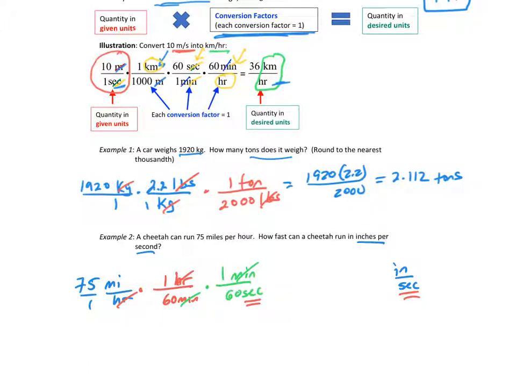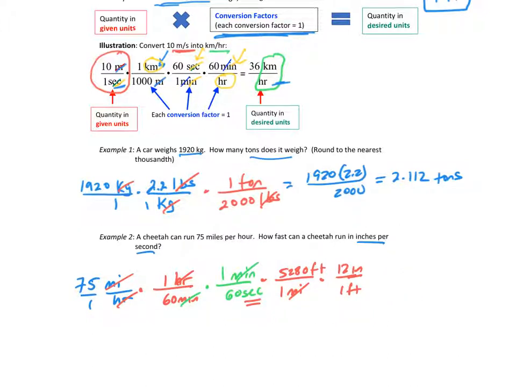We need to convert from miles to inches. So let's do that. The conversion that I know is that in 1 mile, there are 5,280 feet. So we can cancel out the miles. Now we're in feet. And finally, I know that in 1 foot, there are 12 inches. And I'm going to erase the units that I had here for a second. We'll move those over.